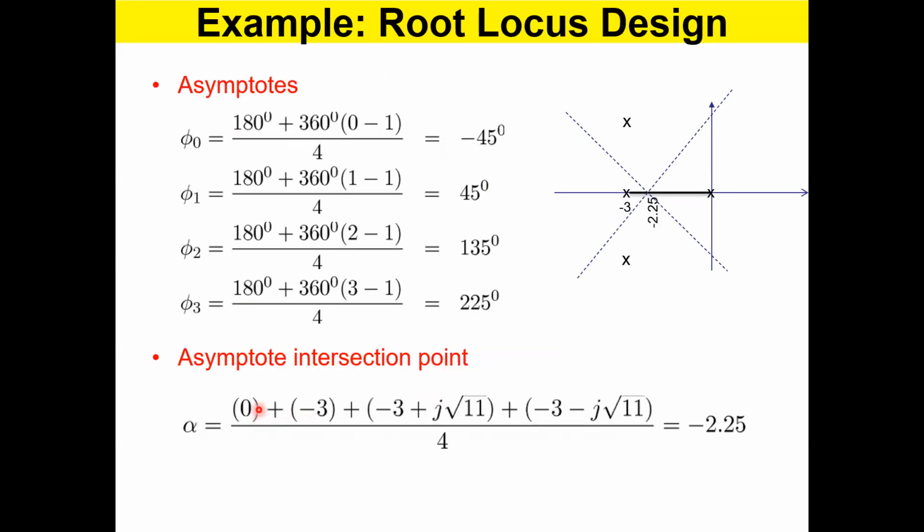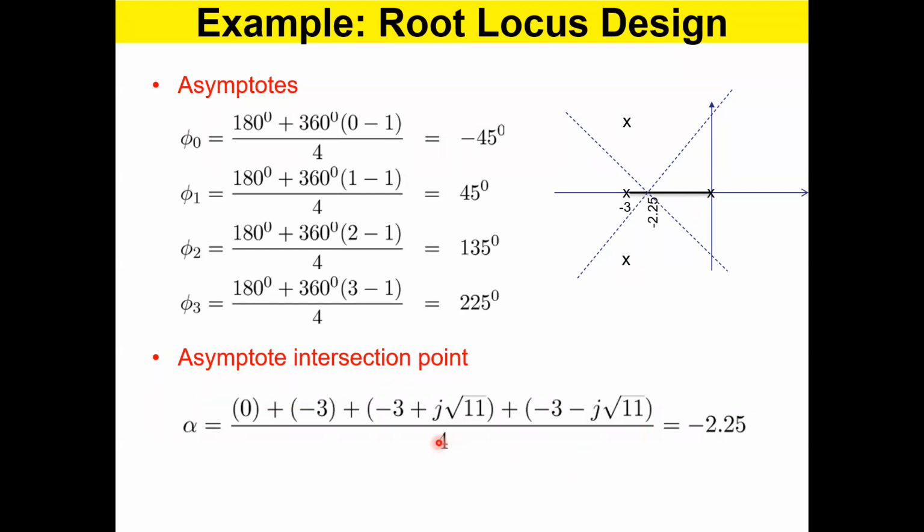So we have these poles, one pole at 0, another pole at -3, so 0 plus -3. One pole is over here, this is -3 plus j root 11, plus the last one, -3 minus j root 11. So add them together, divide by n minus m.